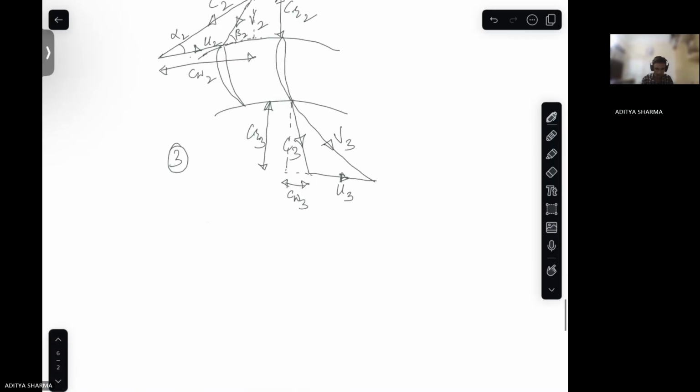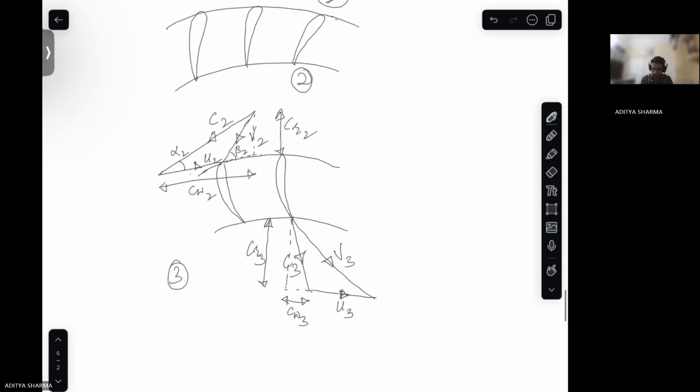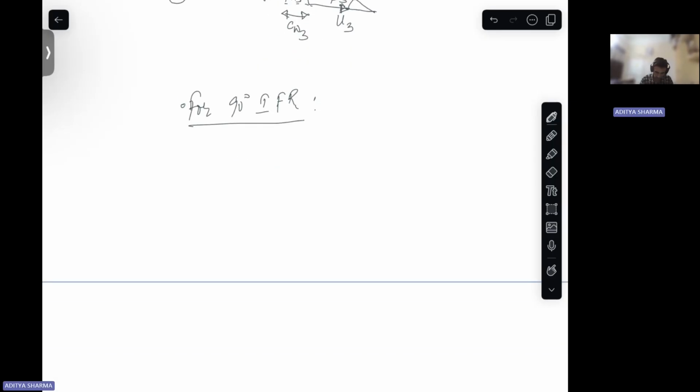So this is your alpha 3 and this is your beta 3. Okay. Now for 90-degree inward flow radially, the inlet will look like this.